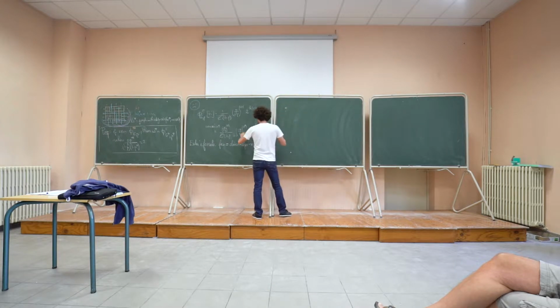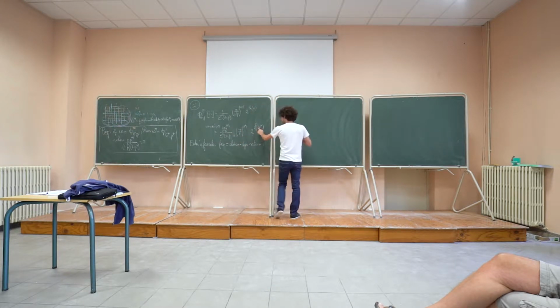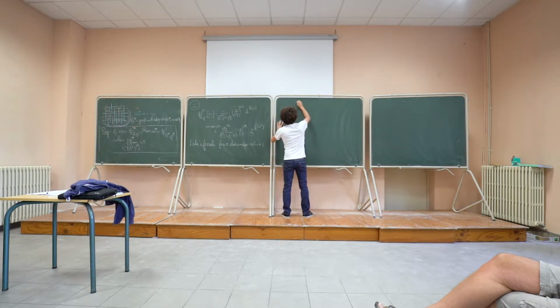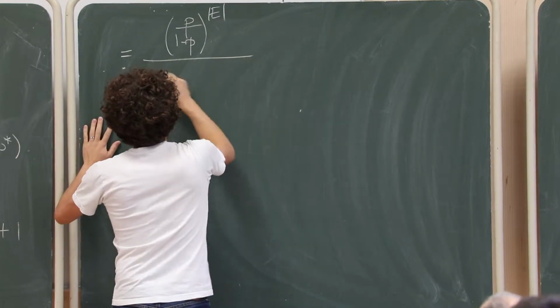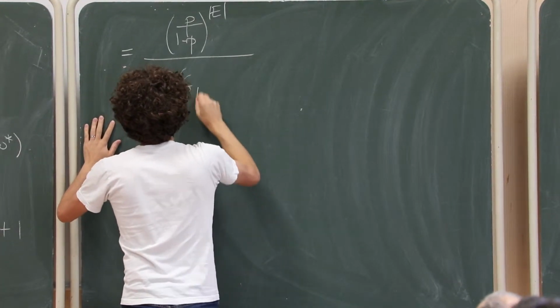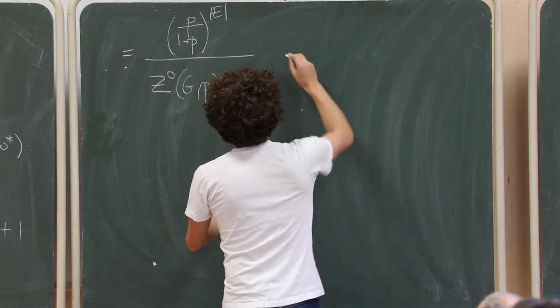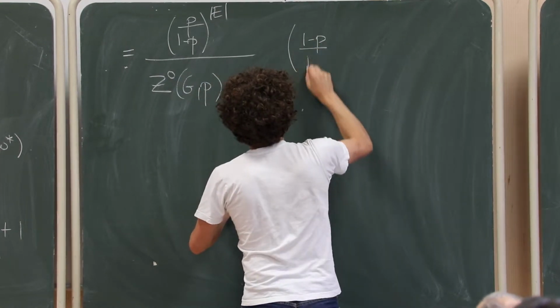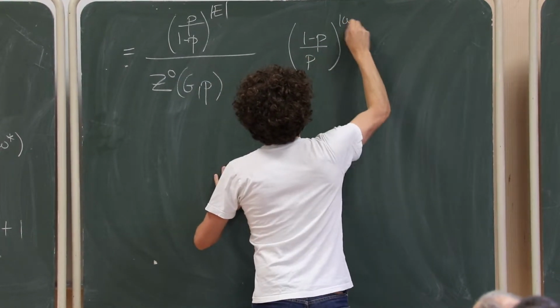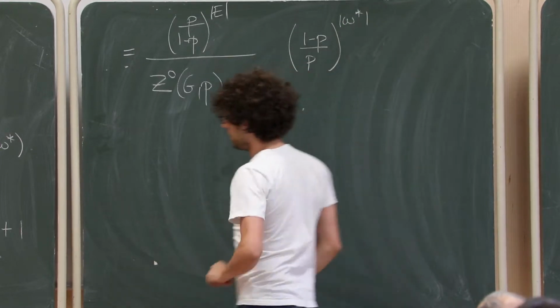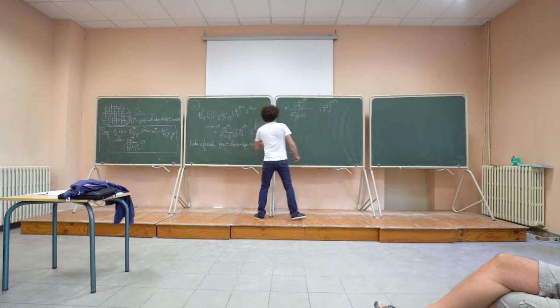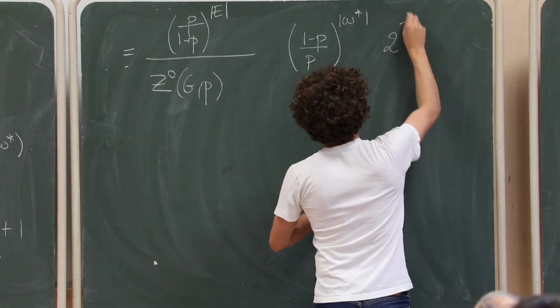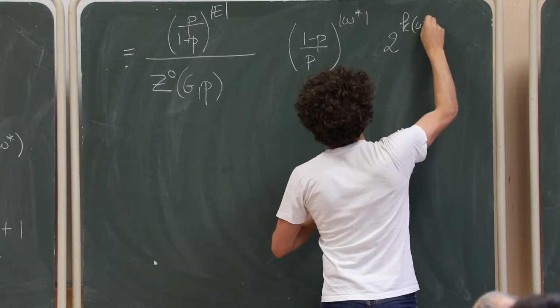And here, when you replace this thing by what it gives you here, this didn't move. We still have the (1 minus p) over p to the number of edges in the dual. You are going to get 2 to the number of clusters. That's absolutely perfect, that's what we want.